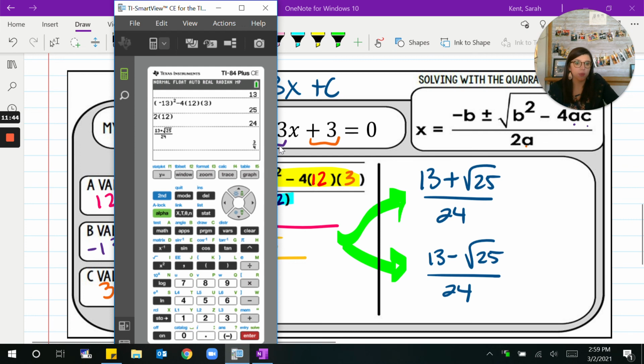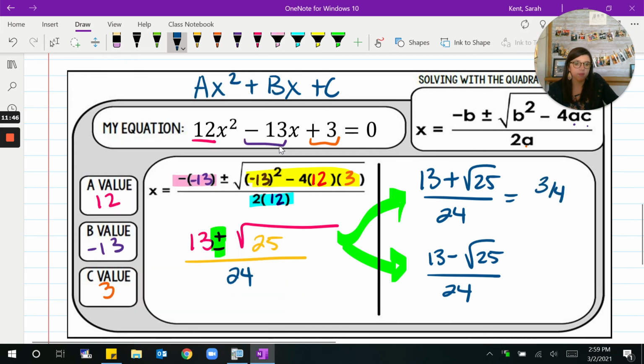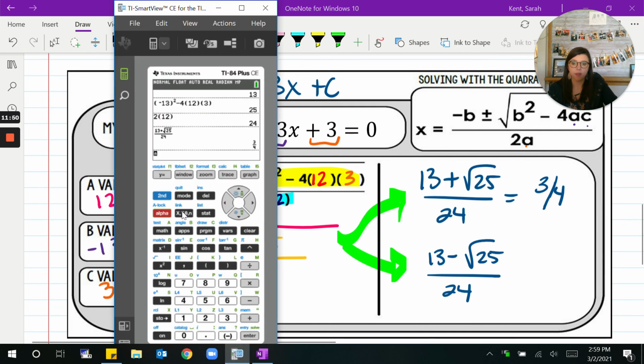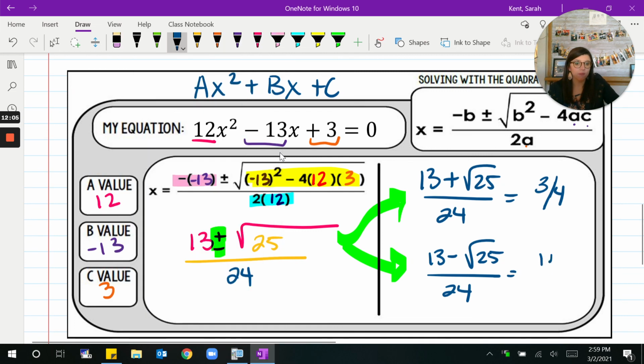We got 3 over 4. Or another fraction, 13 minus second square root 25 over 24, enter. We get 1 over 3. So these are my 2 answers.